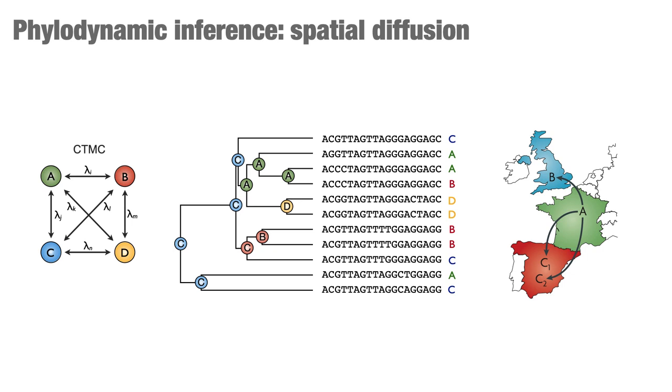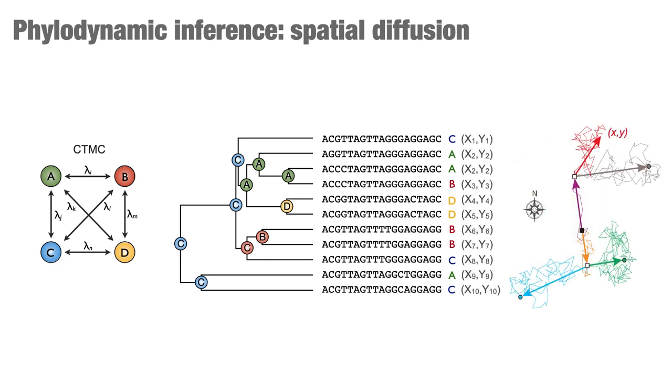For example, considering a set of discrete locations. We can also use a similar model for locations represented by spatial coordinates, and hence perform phylogeographic analyses in continuous space.